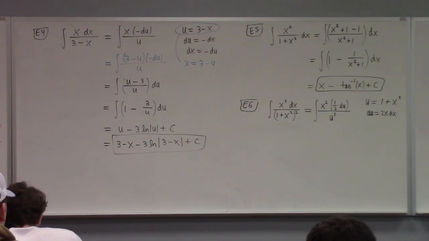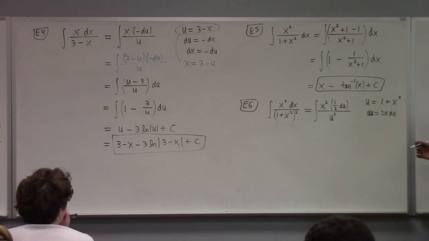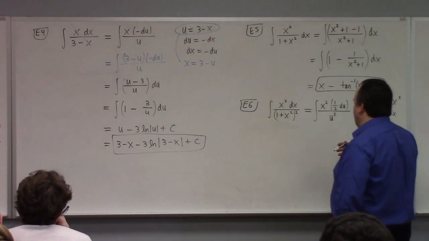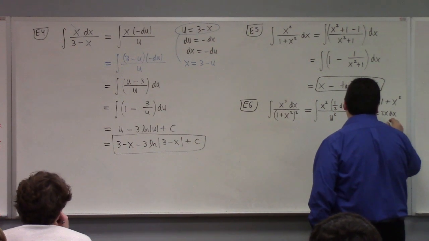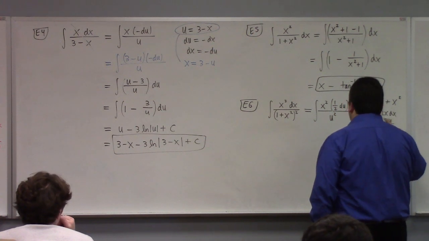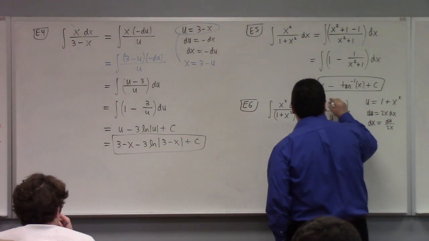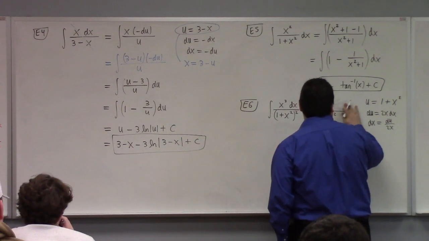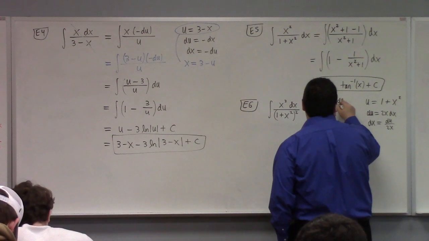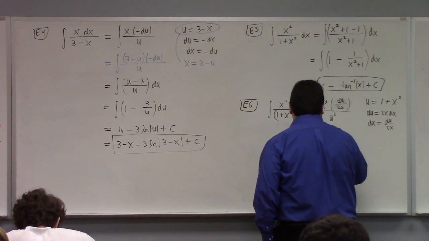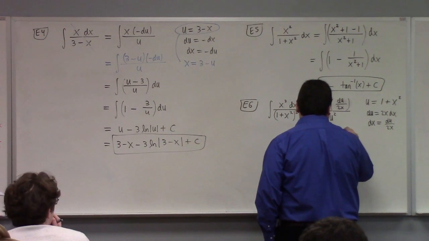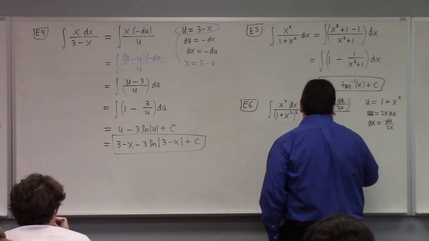Do you see what I did there? Well, let me be less weird about this. Let me just solve for dx. This is a good place to solve for dx. Dx is equal to du over 2x. So I've got x cubed times du over 2x. Let me simplify that. That gives us 1/2 the integral of x squared du over u squared.